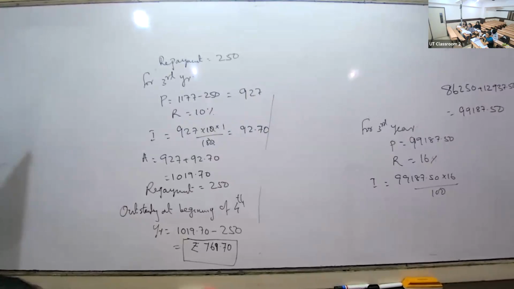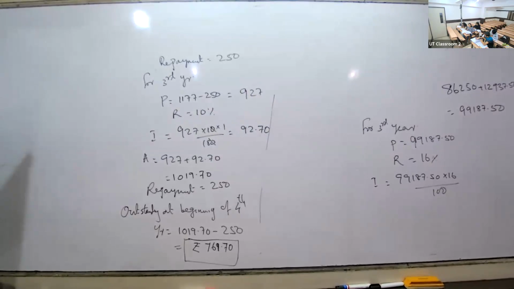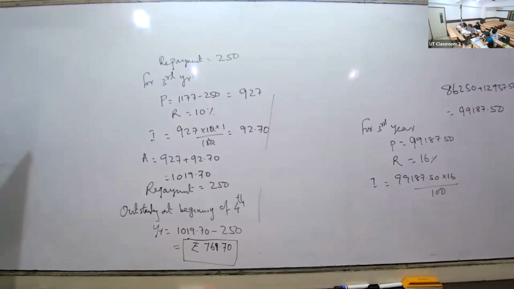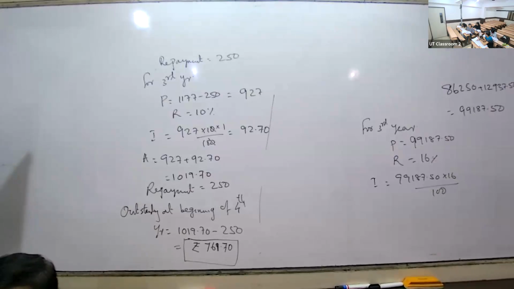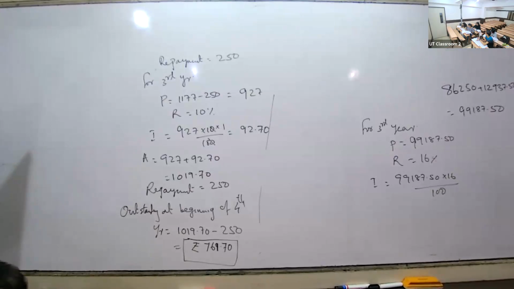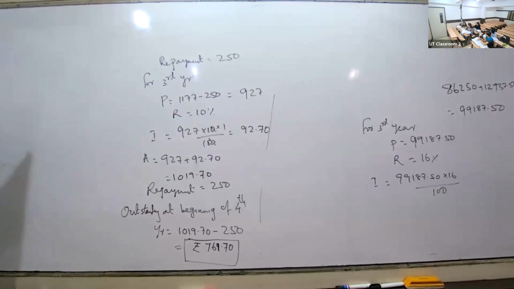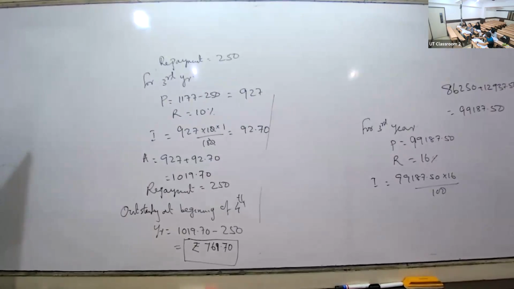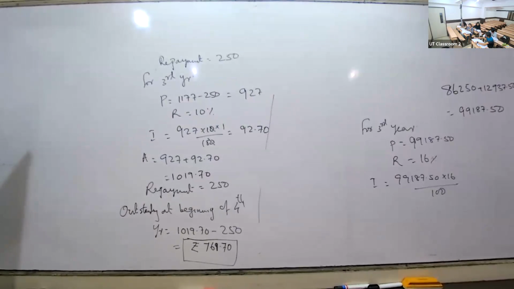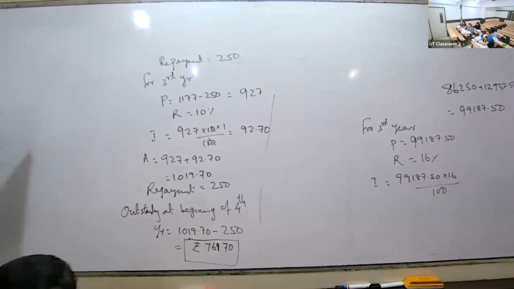Why have you not done it? All of you got it? What's the answer? Tell now. What is the interest you got? I got 1586. What did you get, Arya? Dhruv, answer is 15870.